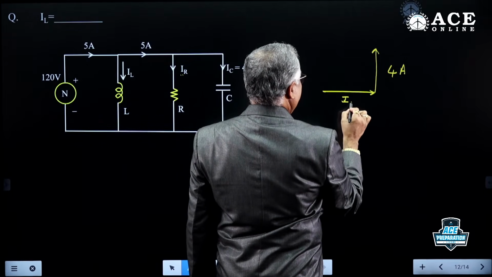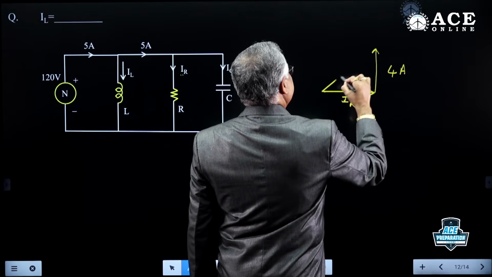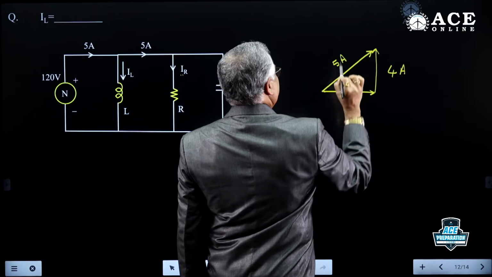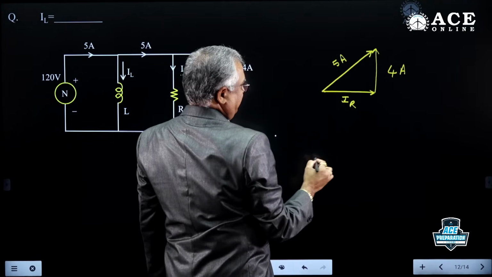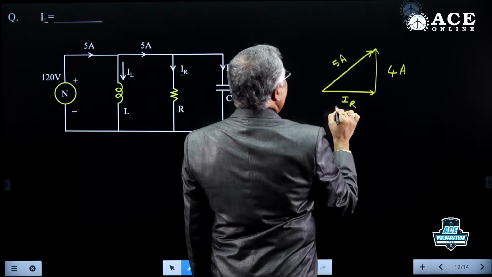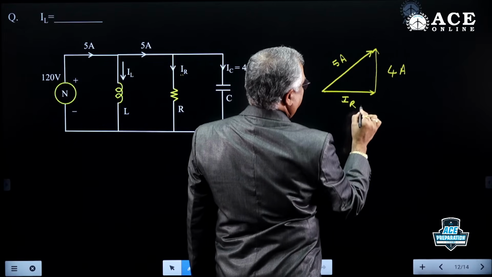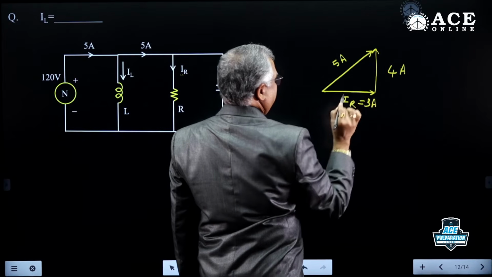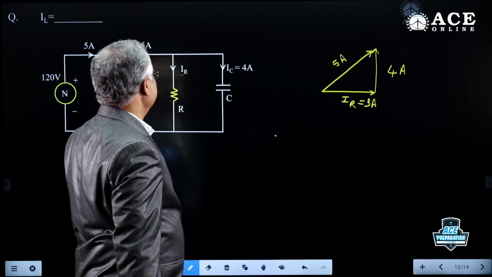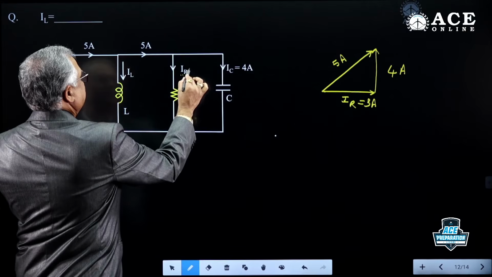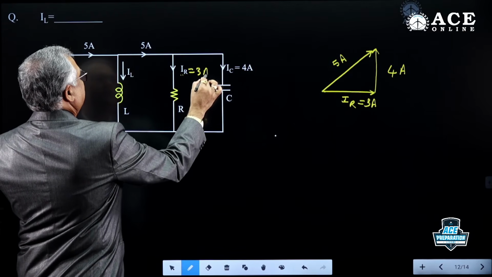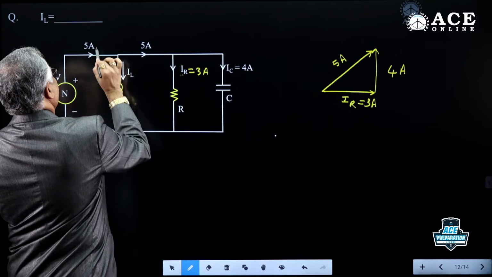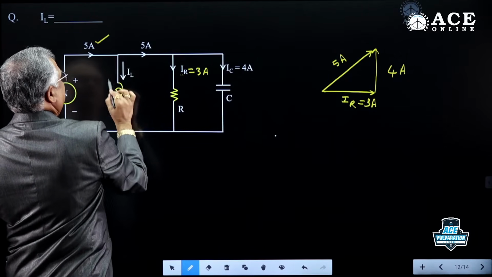This IR not given, but resultant current is given as 5 amps. It will form a right angle triangle, and square root of I square minus 4 square, if you do that, you will get 3 amps. So IR equal to 3 amps. Root of 3 square plus 4 square is 5. This is 5, this is also 5.